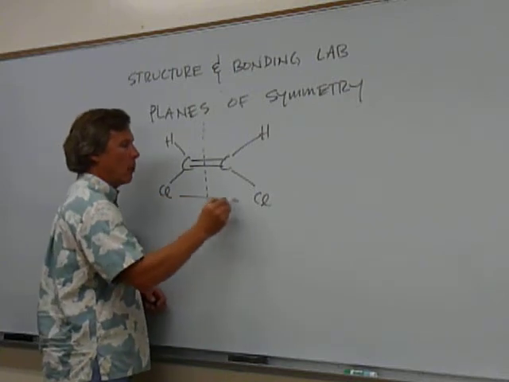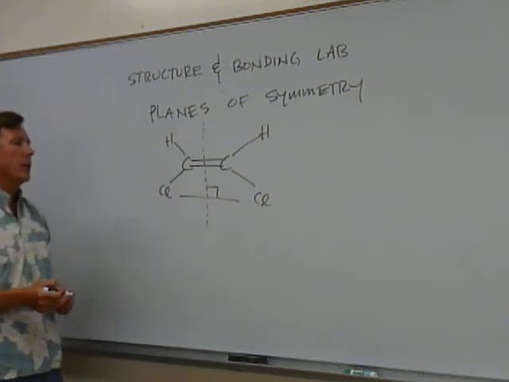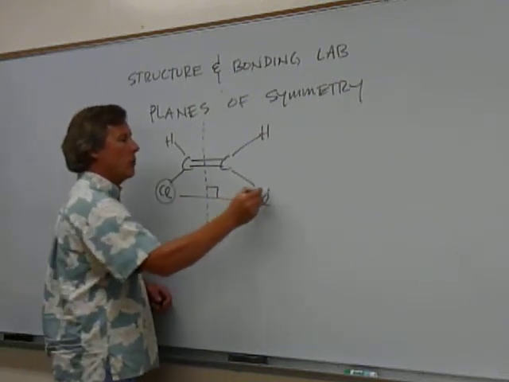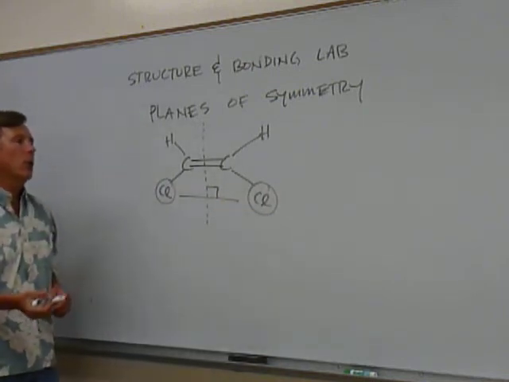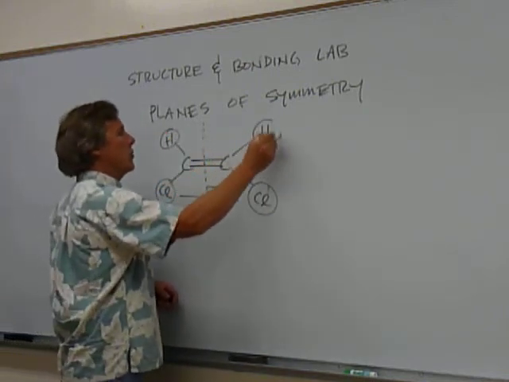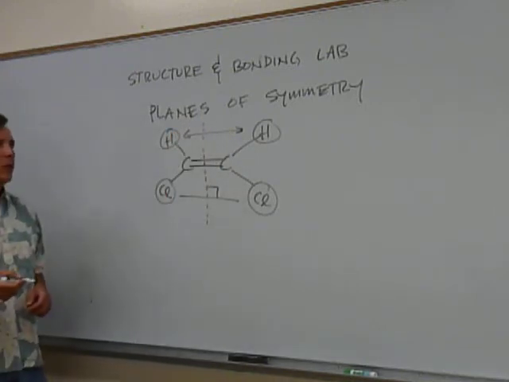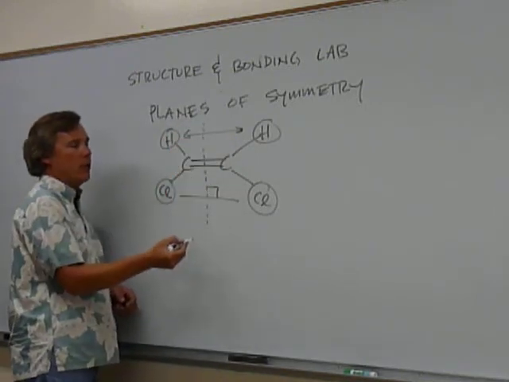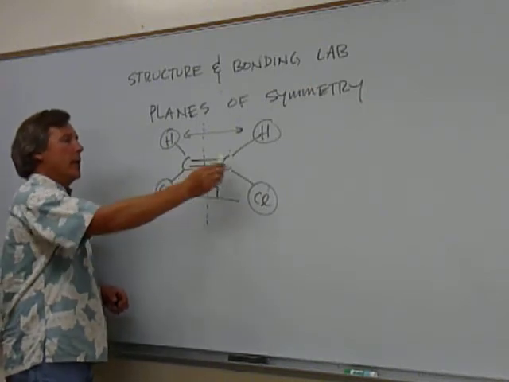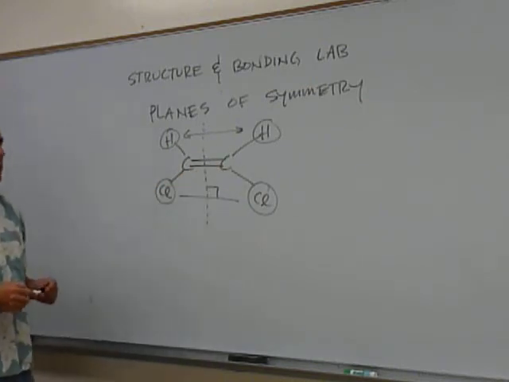When I reflect across at 90-degree angles, the two chlorine atoms are identical. Likewise, the hydrogens are identical as well. So there's a plane of symmetry where I split across the double bond and the plane of the board.